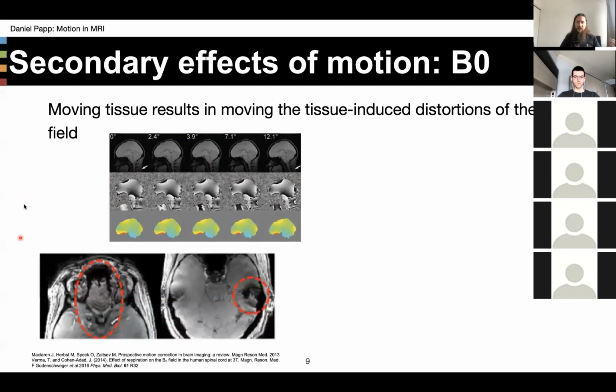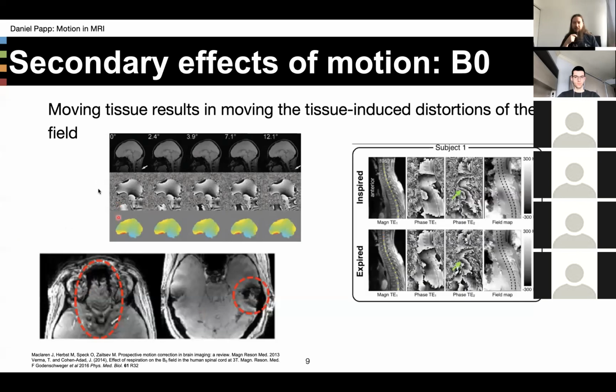The end result of this is that even if you do your motion correction for the primary effects, for the effects on K-space, immaculately, then you will still have the signal distortion and signal dropout that is caused by these secondary effects, this motion in B0. There are ways to correct for that, but I'm not going to go too much in depth.